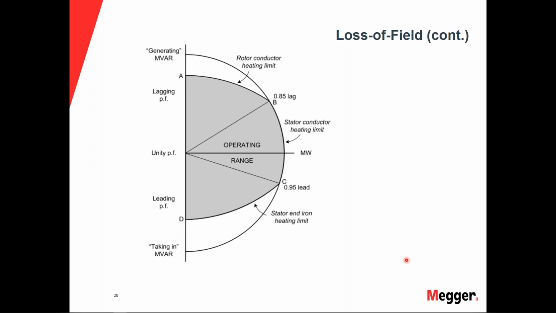If the generator loses the excitation at full load, it'll actually draw in VARs from the system. If this generator starts pulling in VARs from the system, it can actually drag down the rest of the system as well.